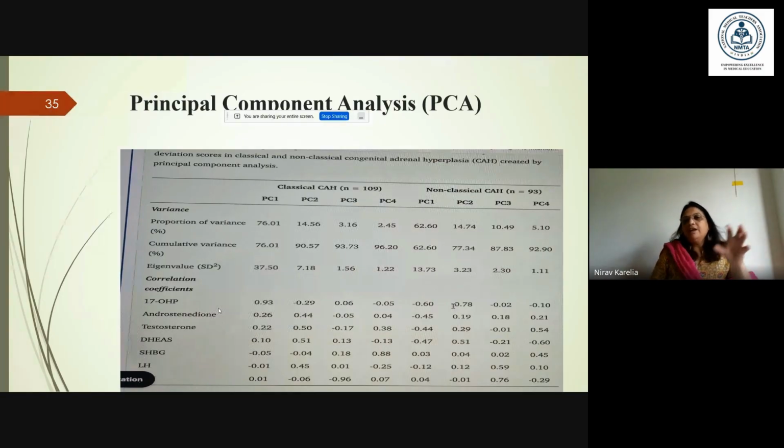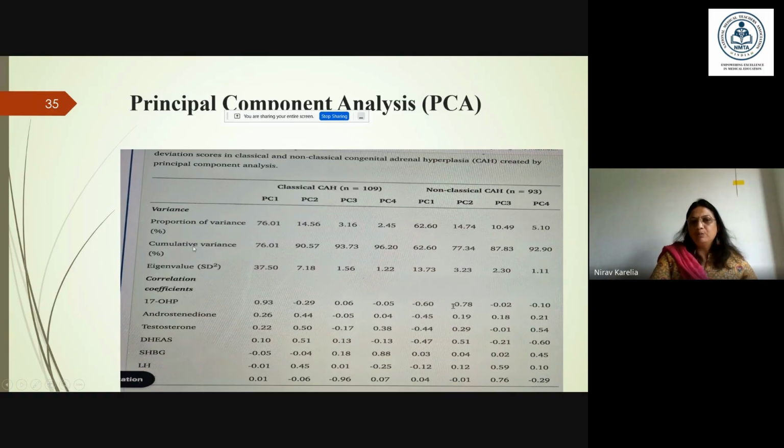They develop the model depending on this principal component analysis, that depending on the hormonal assay collected from the patients of congenital adrenal hyperplasia, whether it differentiates between classical and non-classical. So they run the principal component analysis and develop a model. And then how will you interpret it?